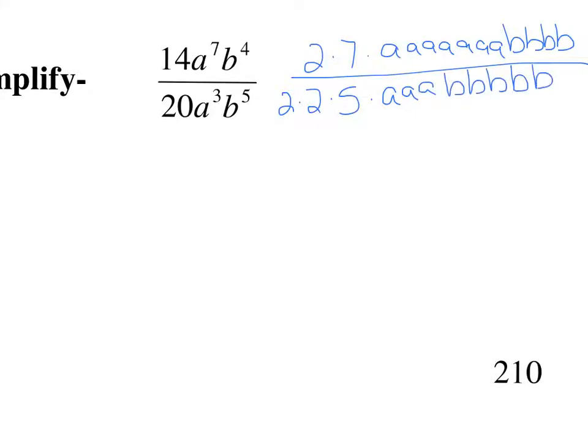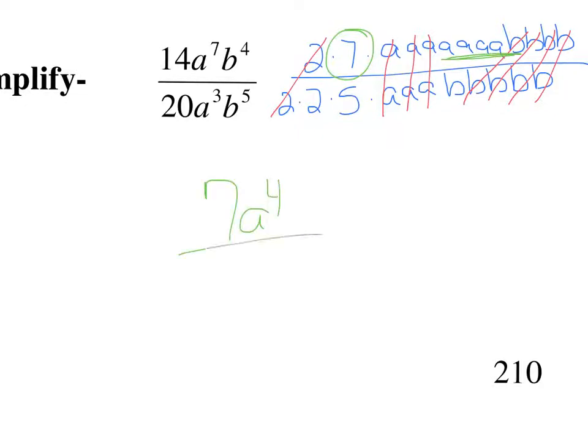And we can reduce a 2, 3 a's, and 4 b's. So it looks like we're left with 7 a to the 4th over 10, 2 times 5, b.